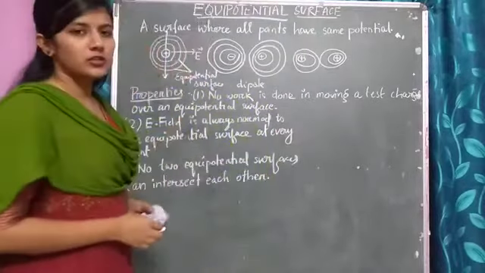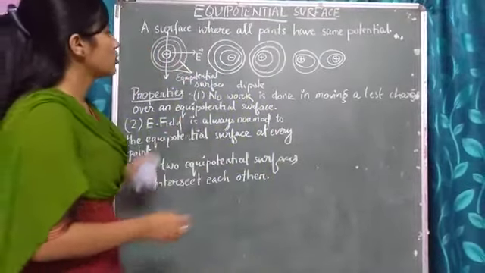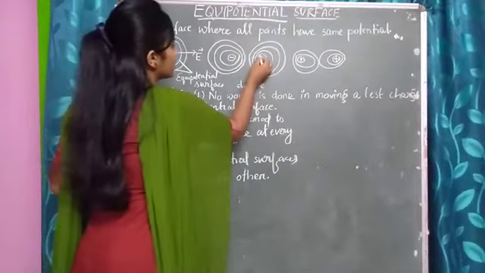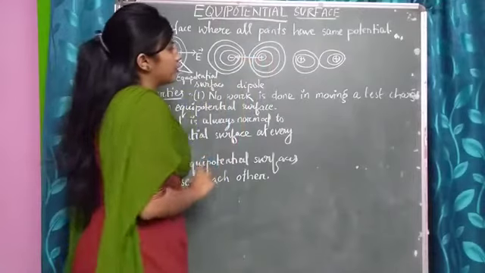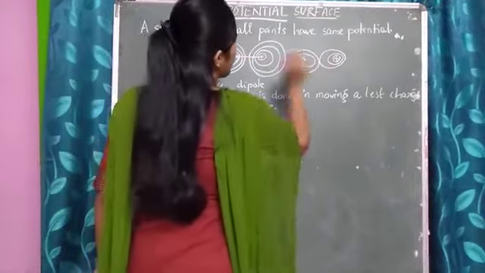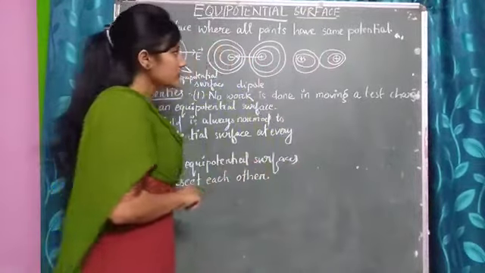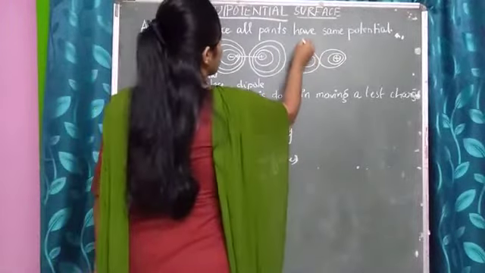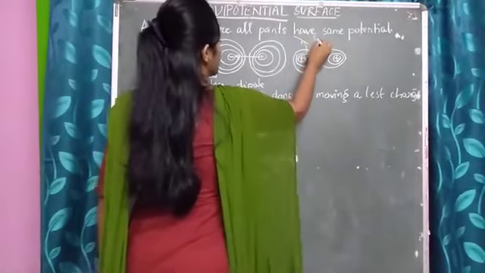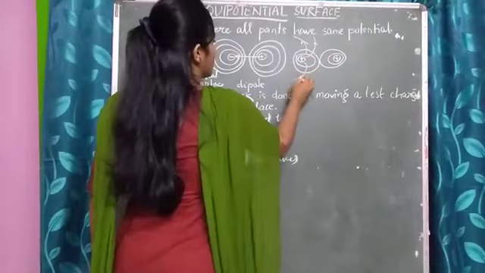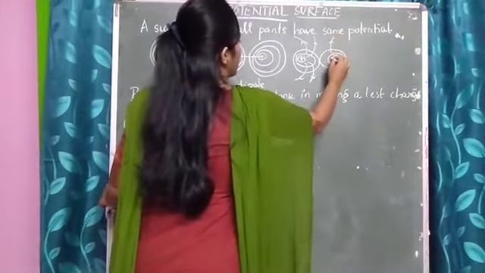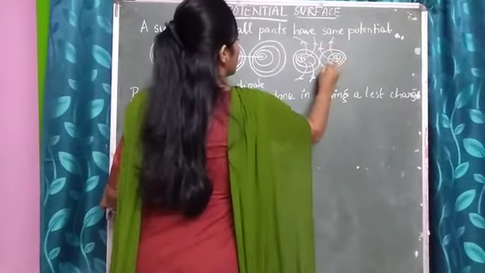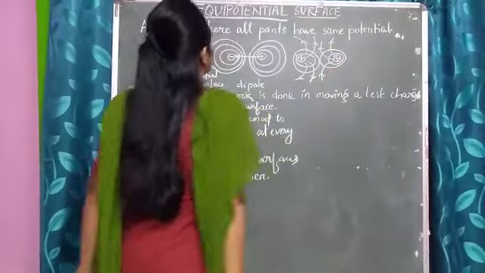And we can represent the electric field directions also. The field for a dipole goes from positive to negative, and here the charges repel each other, so the direction will be like this. So these are the electric field directions.